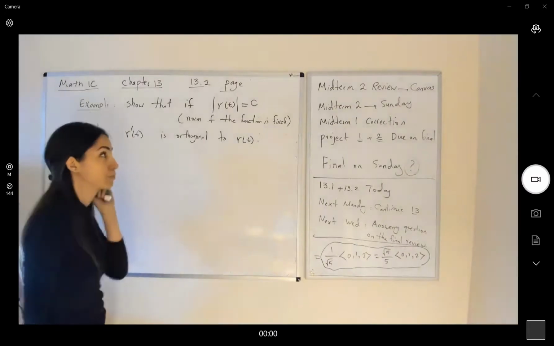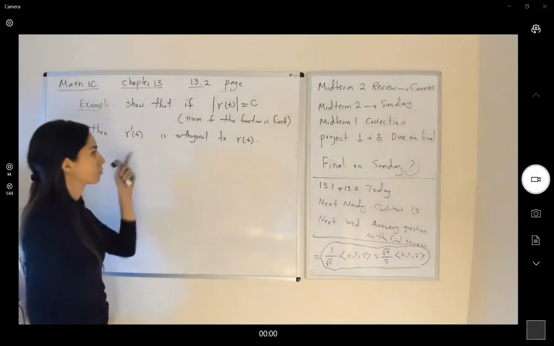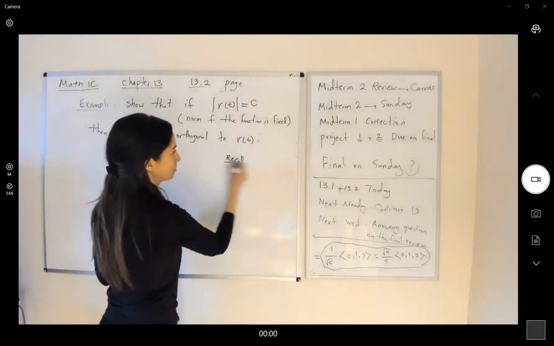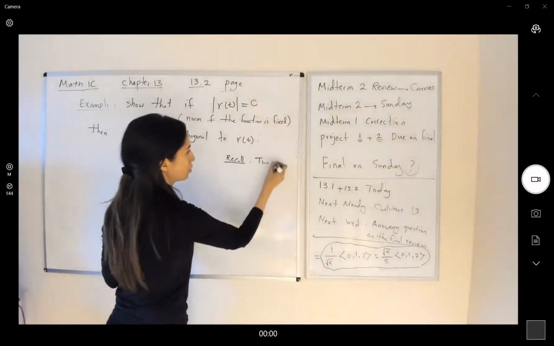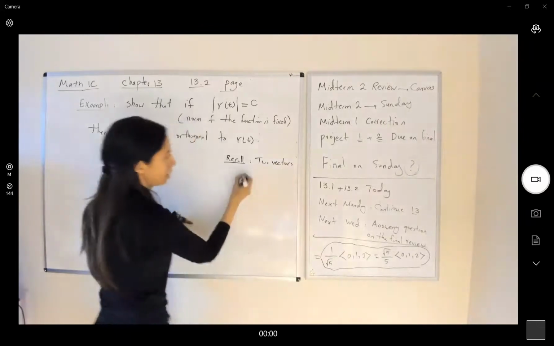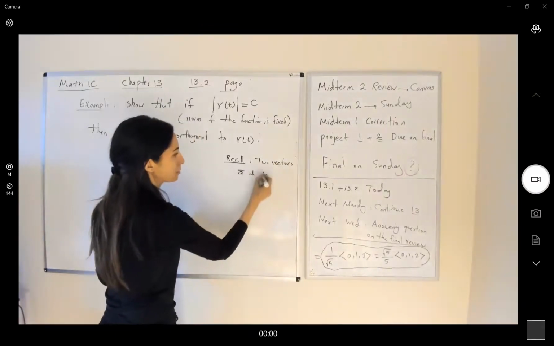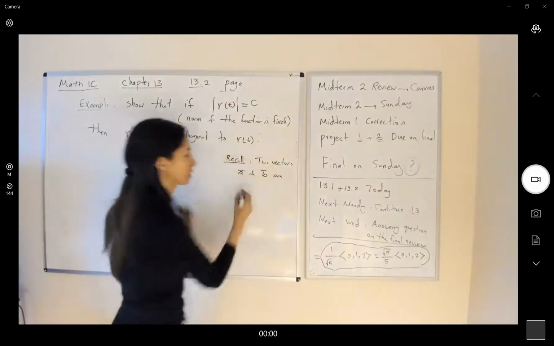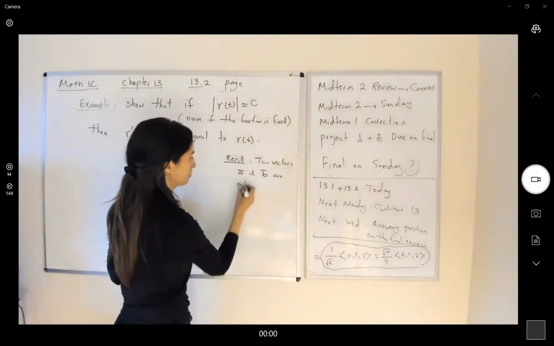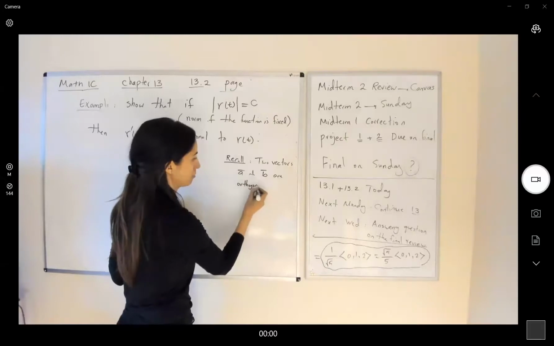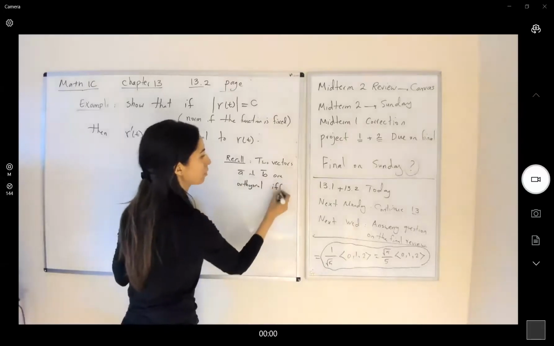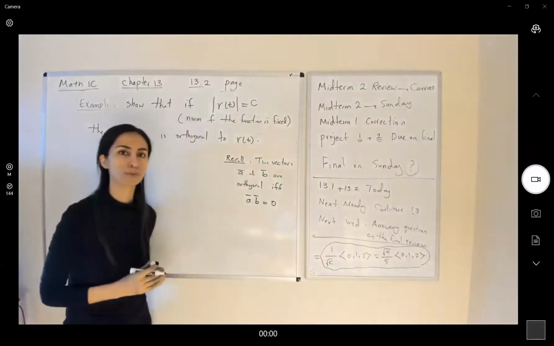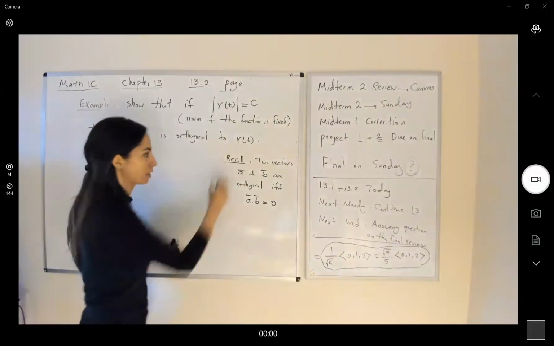Okay. So we recall that two vectors like A and B are orthogonal or perpendicular to each other if and only if their dot product is equal to 0.